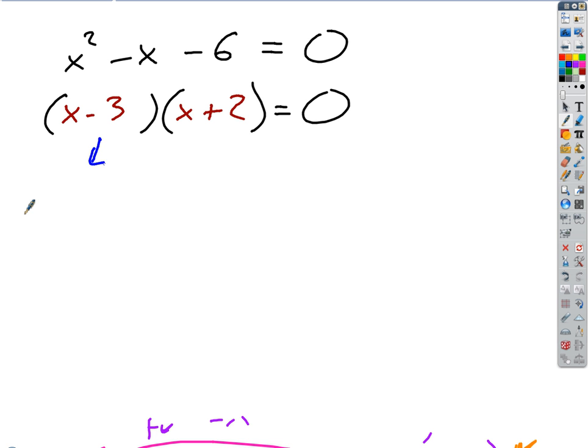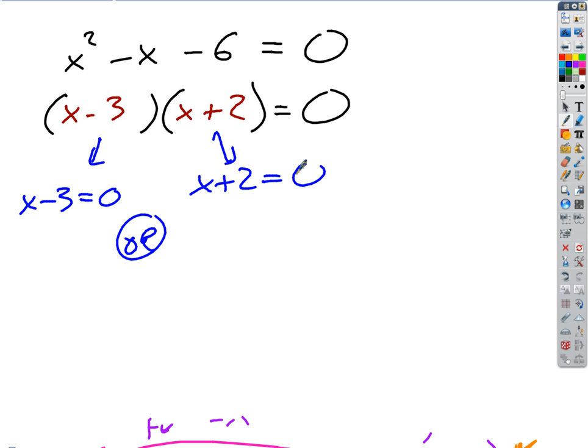I've got the small equation x minus 3 equals 0, because that would work, wouldn't it? If that factor was 0, 0 times something equals 0. Or if x plus 2 equals 0, that would also make the product 0, right? Those are linear. Those are easy. In both of those cases, I can point to a single x and isolate it in one step.